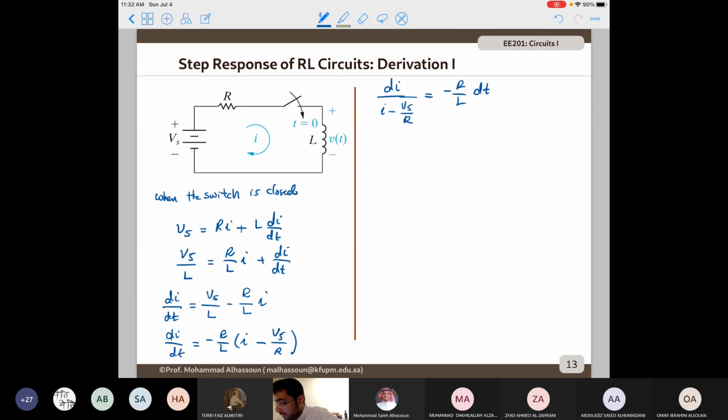If we integrate both sides, starting from I naught, the initial current, to i of t, of di divided by i minus Vs divided by R, equals, at this stage, probably we are familiar with the integral, so let's assume that we are integrating from t equals 0 to t of minus R divided by L dx, for example.